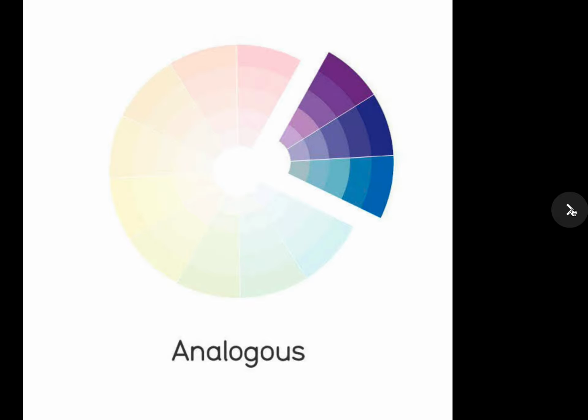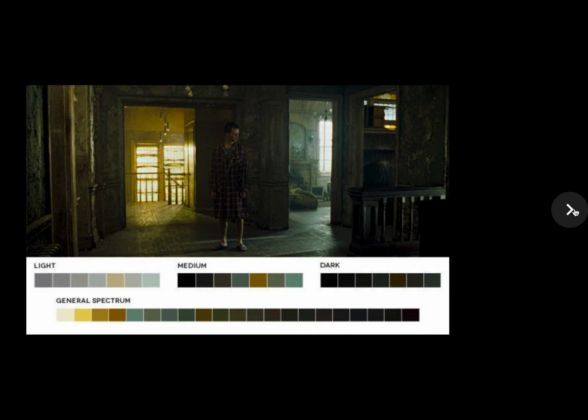And you can also look at using color combinations that are analogous. This film is Fight Club, and they use this palette that goes from yellow to green, and that creates, the yellows create somewhat of an unnatural pop look, and the green is slightly sickly and strange.